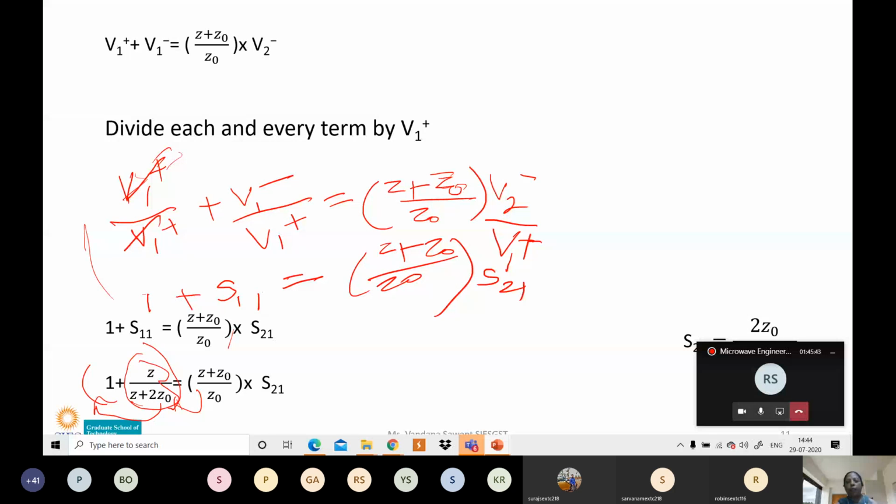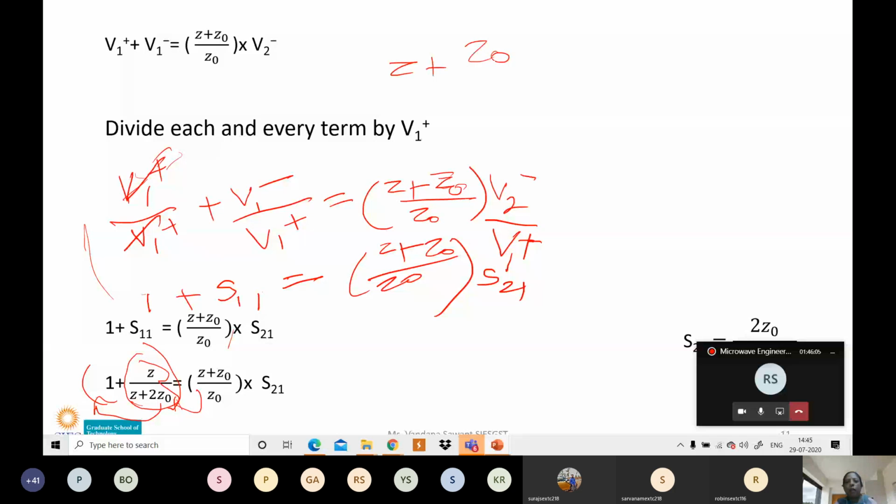So multiply 1 with Z plus twice Z0, plus Z, divided by Z plus twice Z0.